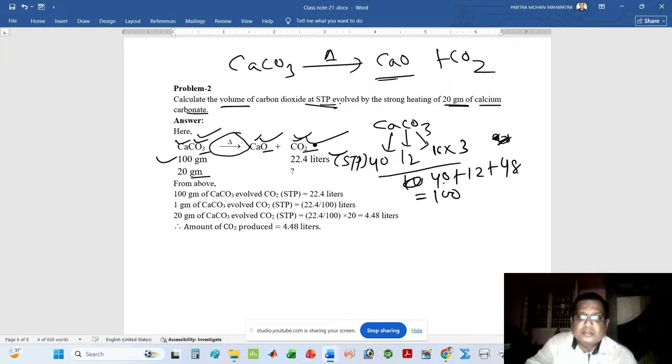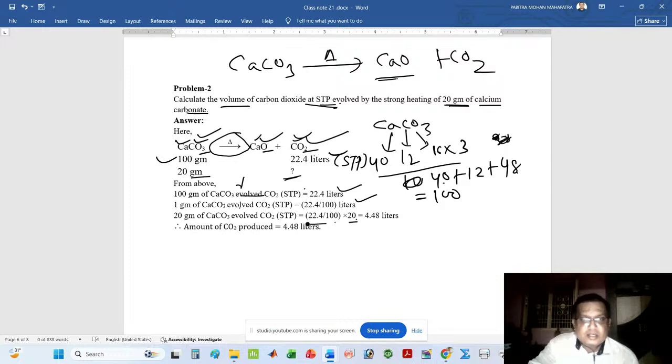This is the question mark. From the above equation, I can write that 100 gram of calcium carbonate evolves CO2 at STP, 22.4 liter. Next, 1 gram of calcium carbonate evolves carbon dioxide under STP condition, 22.4 divided by 100 liter. 20 gram of calcium carbonate evolves carbon dioxide at STP condition, 22.4 divided by 100 into 20.